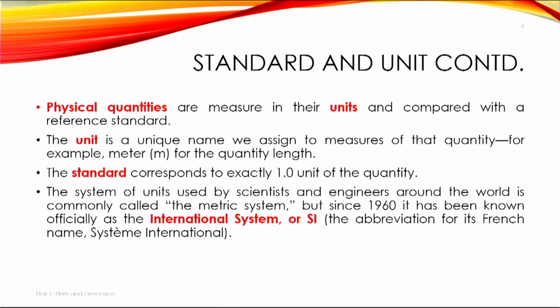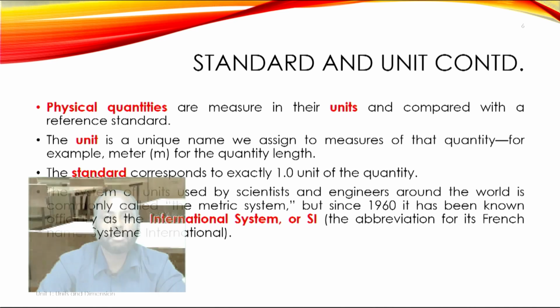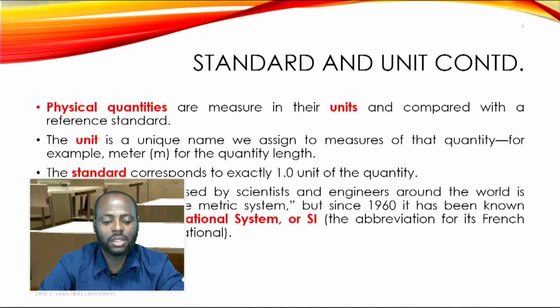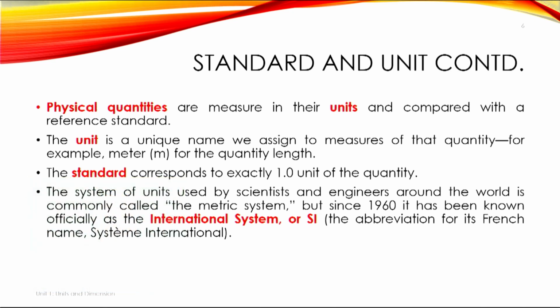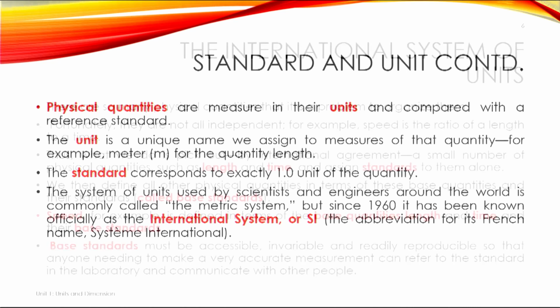The system of units used by scientists and engineers around the world is commonly called the metric system. But since 1960, it has been known officially as the International System, or SI, where SI is abbreviated from the French Système International.